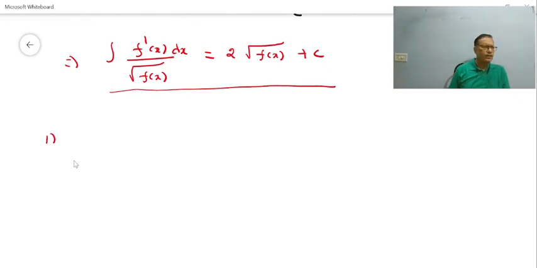Okay, so first one, the integral of (log x)^2 by x dx, where here x belongs to the open interval (0, infinity).